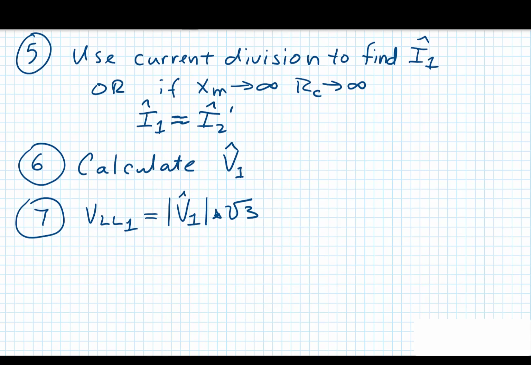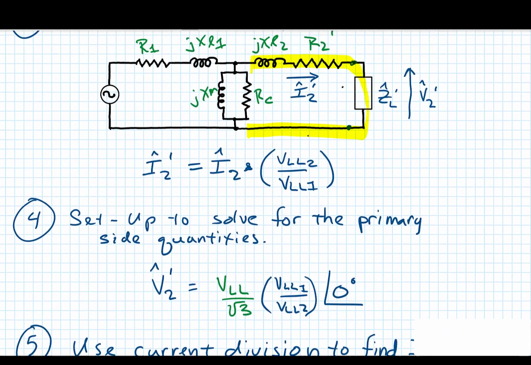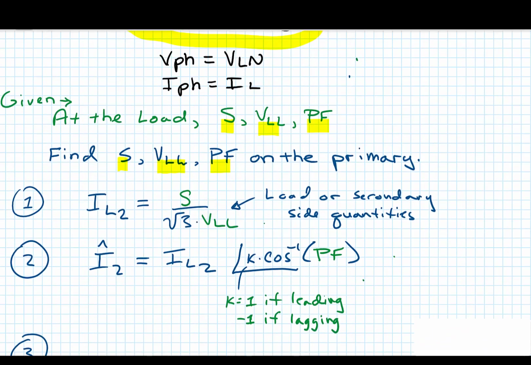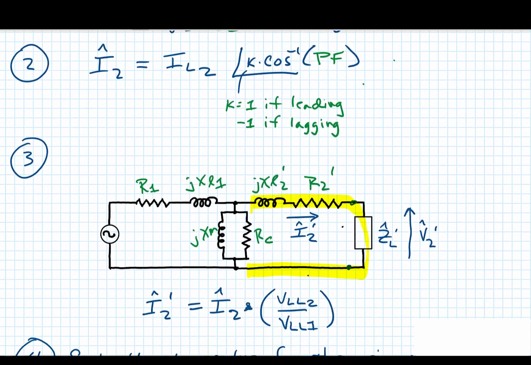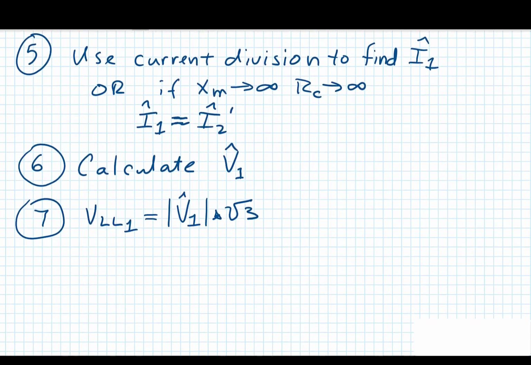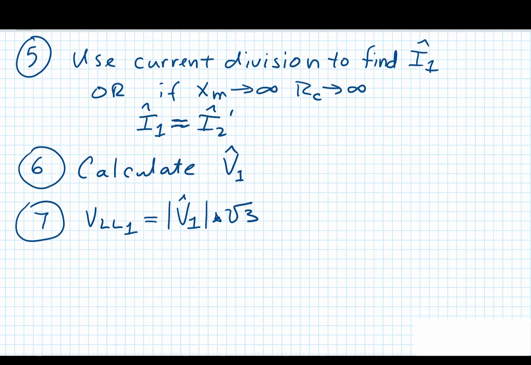And then I have to find the input power factor. So there's a lot of ways to do it, but in this case we were asked, so I go back up to here, to find this, right? So probably the most straightforward way for me to solve this problem right now, I have actually found everything here with V1.